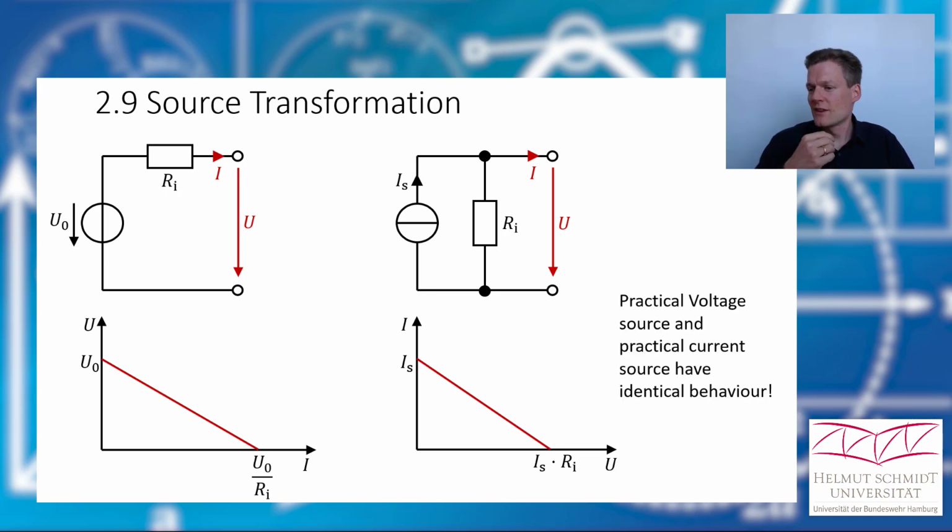The only difference is that I used the current on the x-axis and the voltage on the y-axis in the left diagram, and it's the other way around in the right diagram. But the behavior is absolutely the same. And when the behavior is the same, then we can transfer a practical voltage source into a practical current source. I will show you how it works.